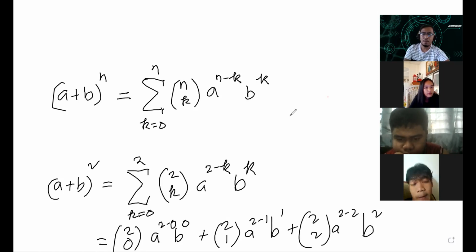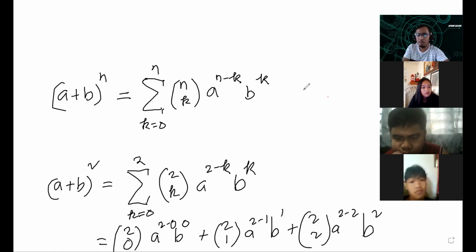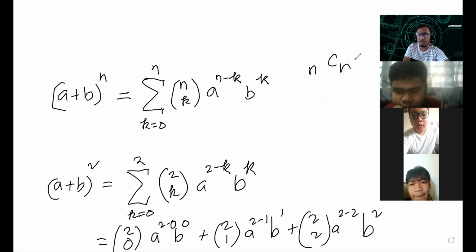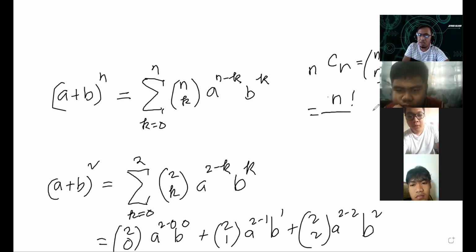By the way, do you have background about combination? You had combination in your junior high school. Actually, that can also be written as n taken r, and it is just n factorial all over n minus r factorial times r factorial.